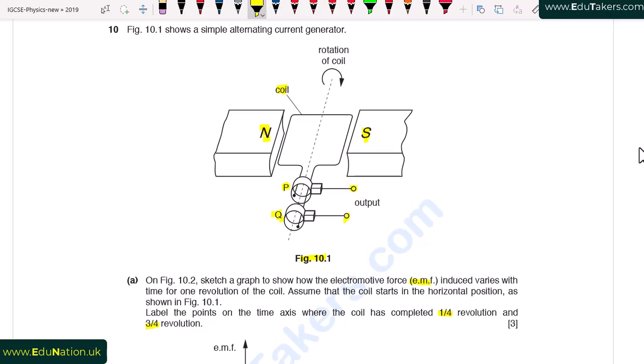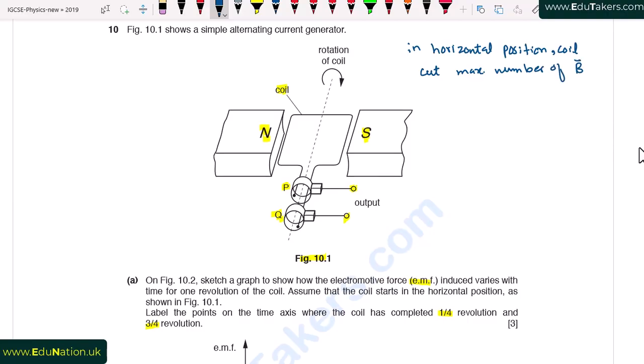At this position the coil is horizontal, so it cuts the maximum magnetic field lines. So I write here, in horizontal position coil cuts maximum number of magnetic field lines.